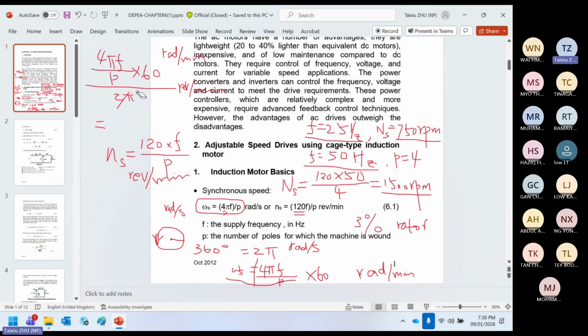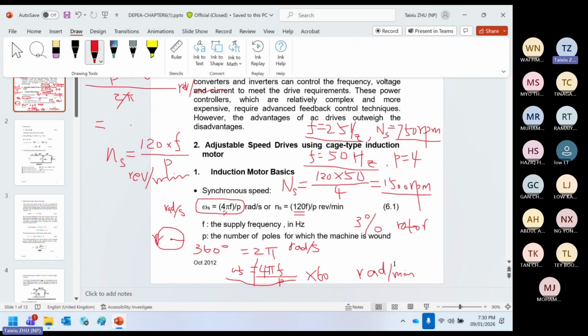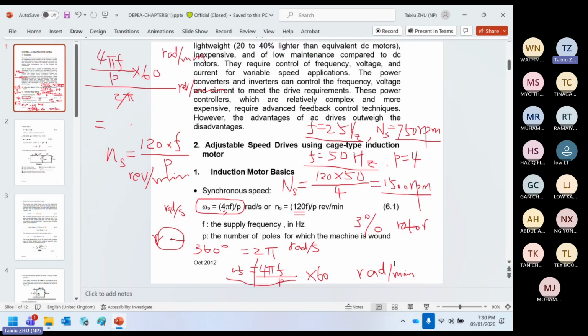Then you can cancel 2 pi. This one is 2 times 2 pi. If we do the cancellation, 2 pi becomes 2. Then you get 2f times 60 divided by p.